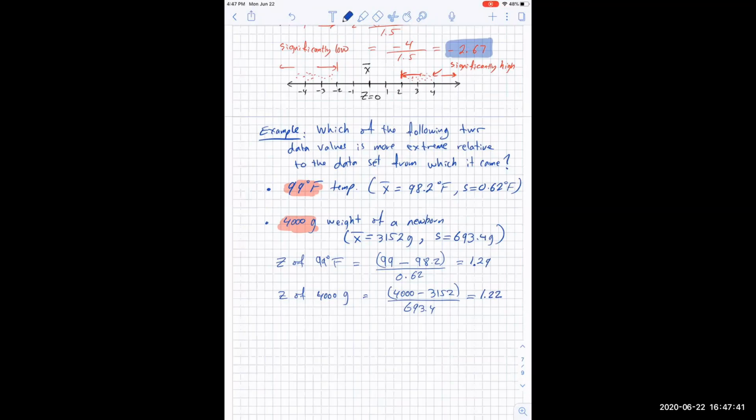Now let's compare and see which one has the higher z-score. Which data value has a higher z-score? It is the temperature value, 1.29. The weight, 1.22. So therefore, the result is the temperature is more extreme than the weight.